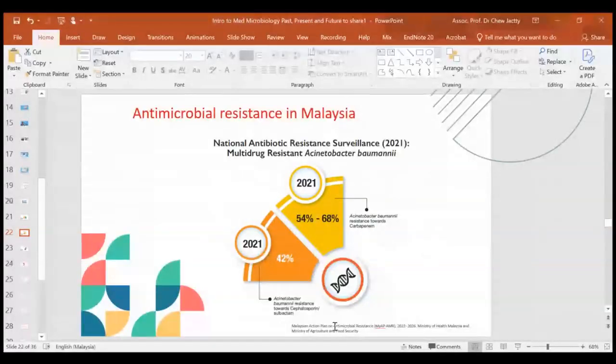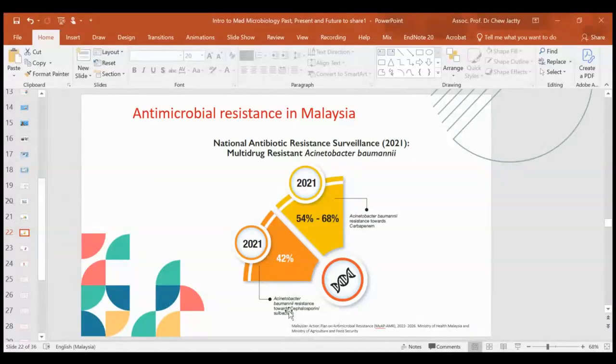And 42% of these are resistant against cephalosporin and sulbactam, which is very worrying. So if you have an Acinetobacter baumannii infection, half the chance is all these carbapenem, cephalosporin, sulbactam antibiotics will not work.